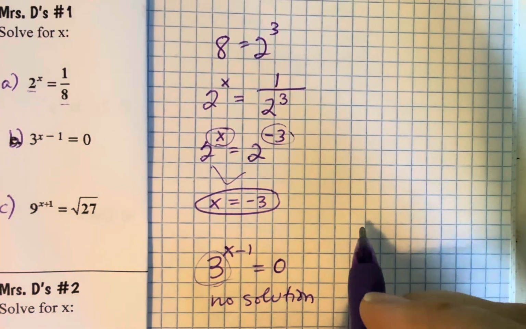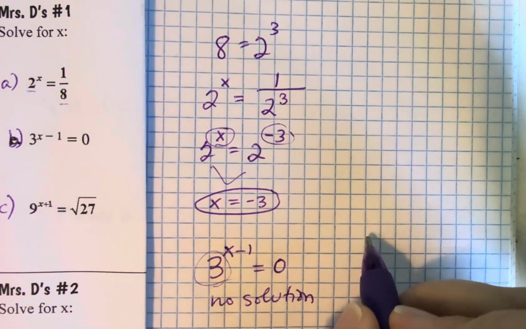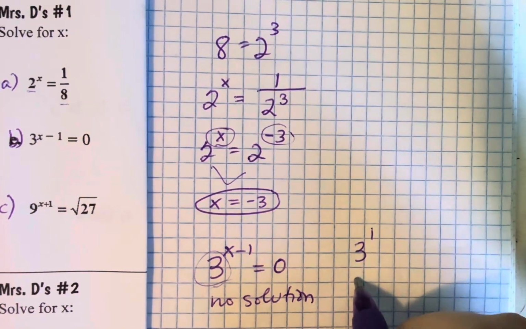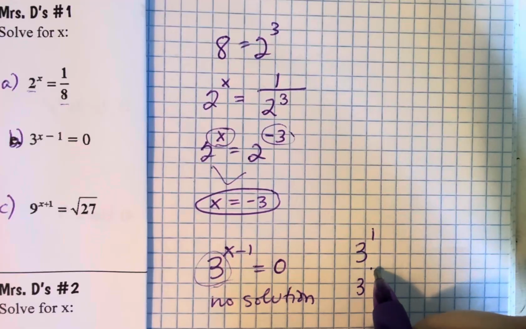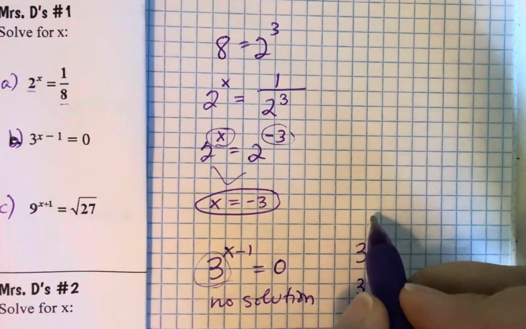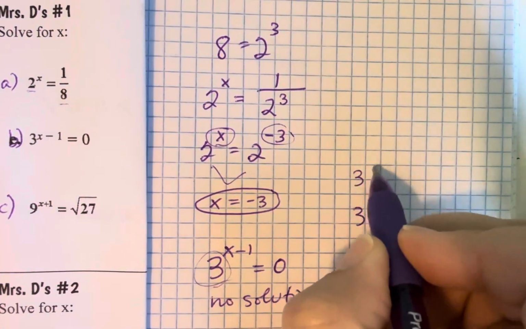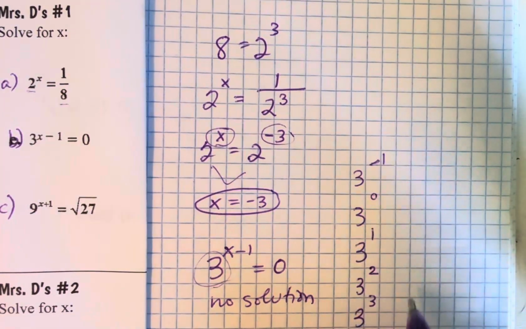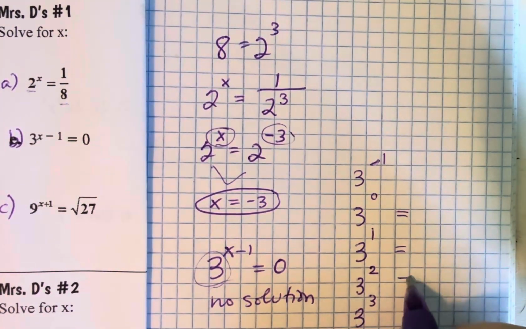If you want to think about why that is, we could take 3's and write them to different exponents and see what happens, right? So 3 to the 1, 3 to the 2, 3 to the 3, 3 to the 0, 3 to the -1, and think about what that looks like when we expand these out.